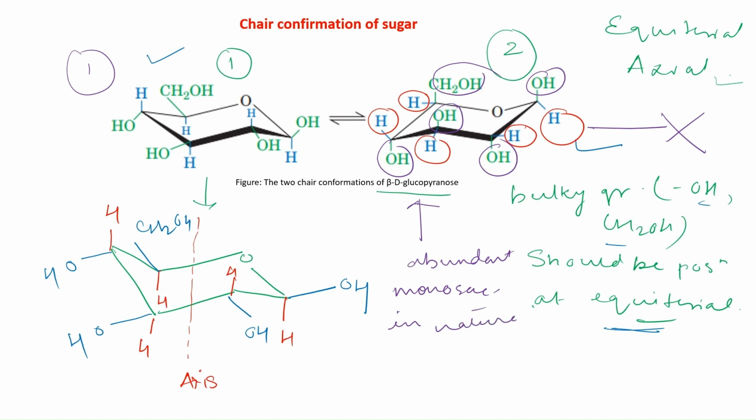Why is glucose the most abundant monosaccharide in nature? Because the beta D glucopyranose, or beta D glucose, is the only glucose where all the bulky groups are found at the equatorial position. Hence, glucose is the most abundant monosaccharide in nature.